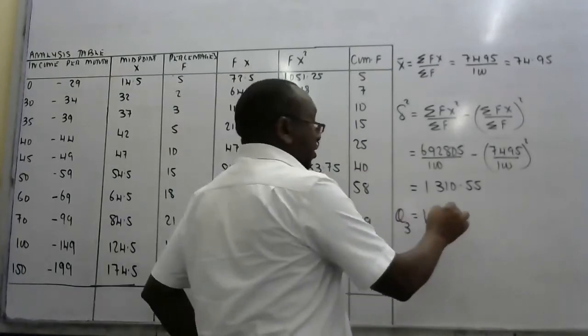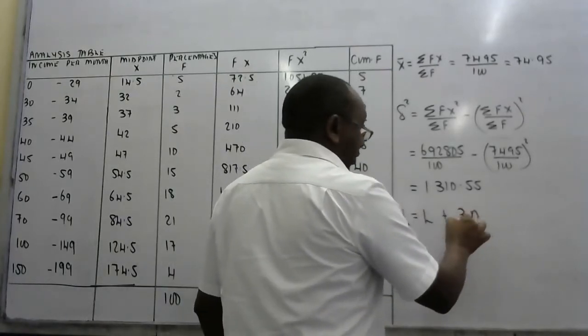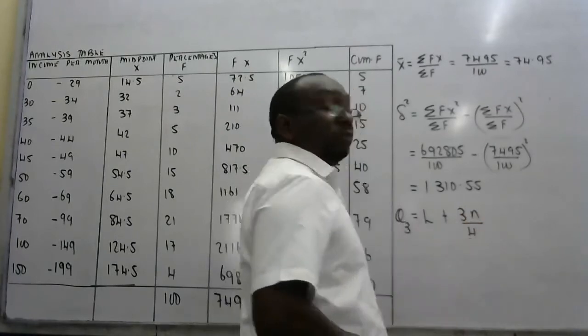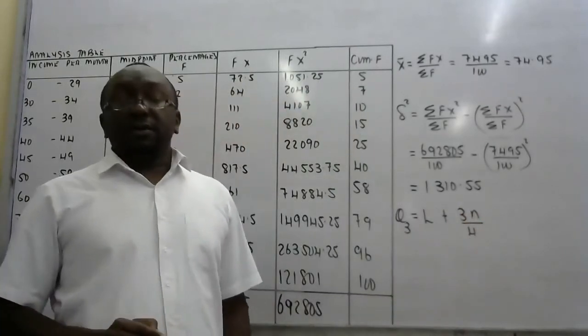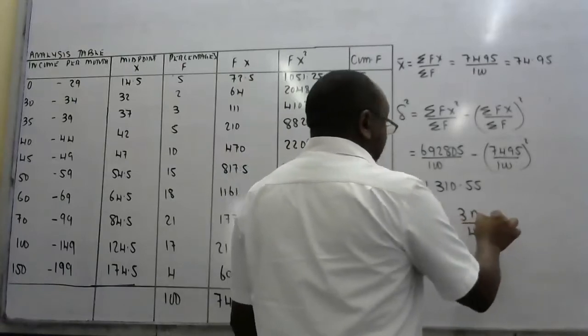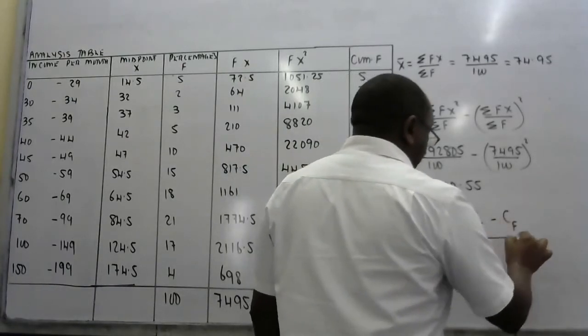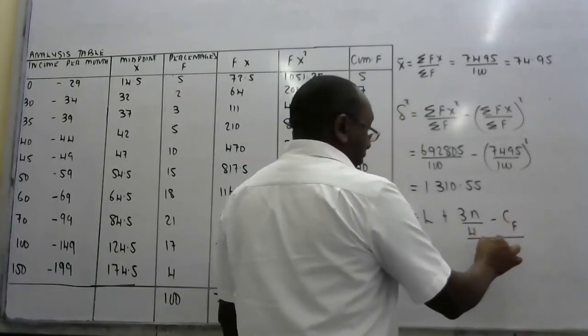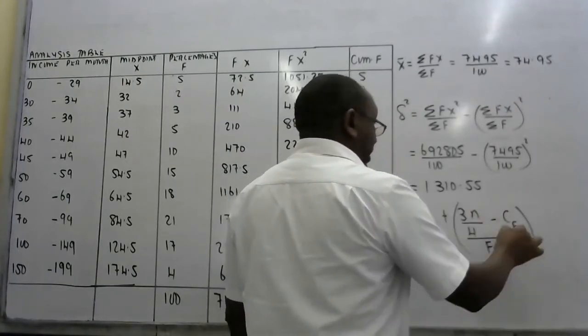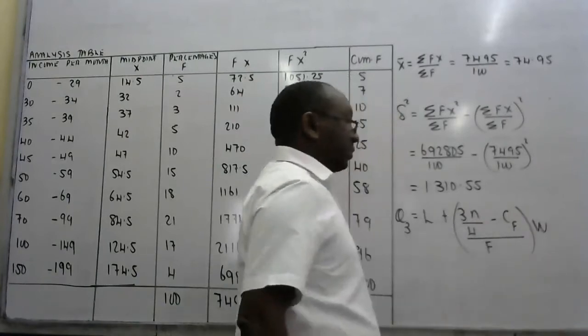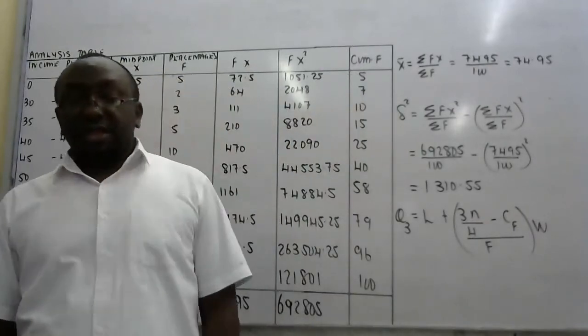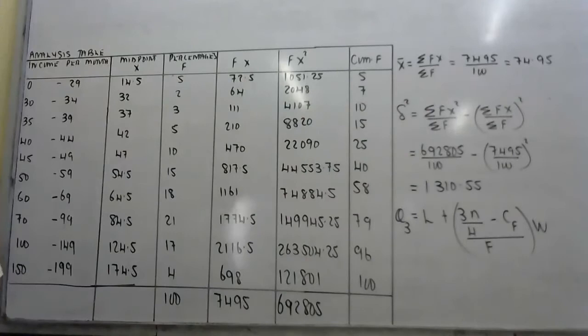So we will talk of 3N, and because quartile divides that into 4, you divide by 4, you minus the cumulative frequency of the class above that. You divide by the frequency of the class, then you multiply by W, the width of that class.